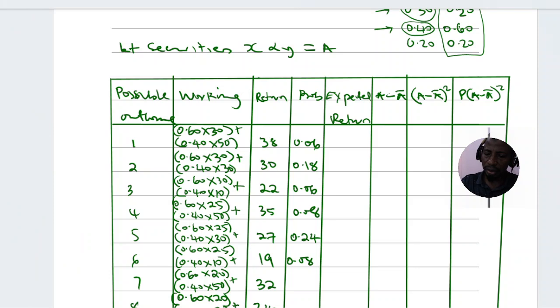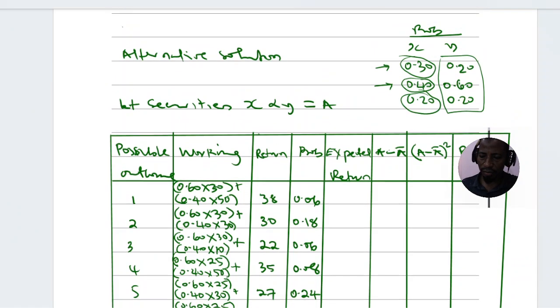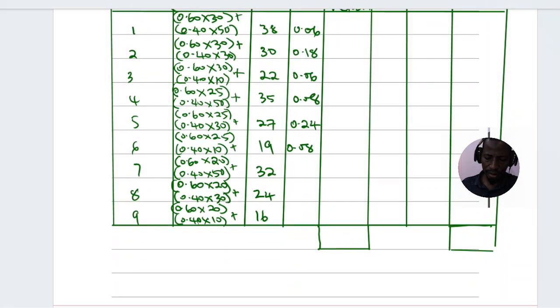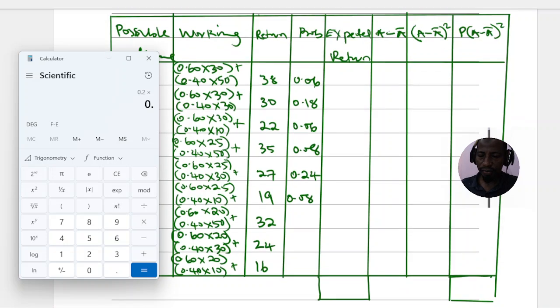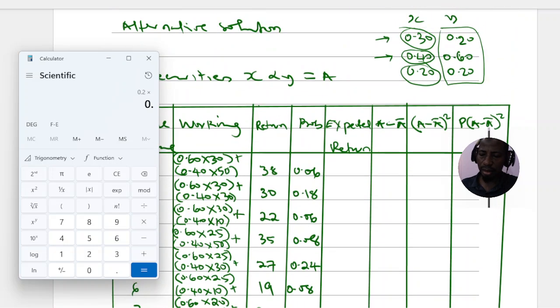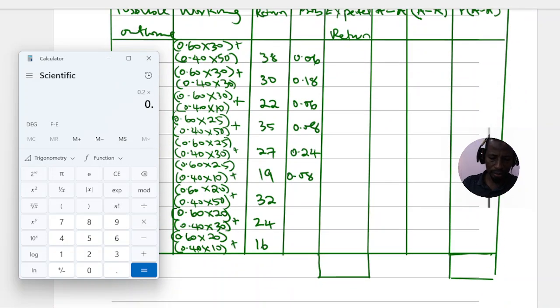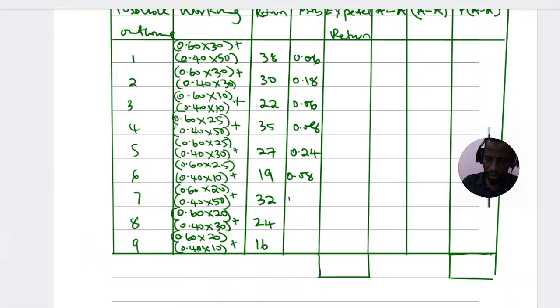Finally, I need to multiply the 0.2 of X with the entire probability of Y. Therefore, 0.2 multiplied by 0.2 equal to 0.04.